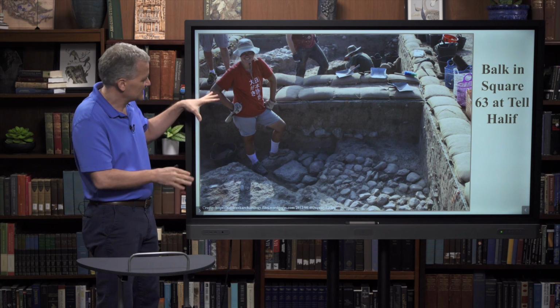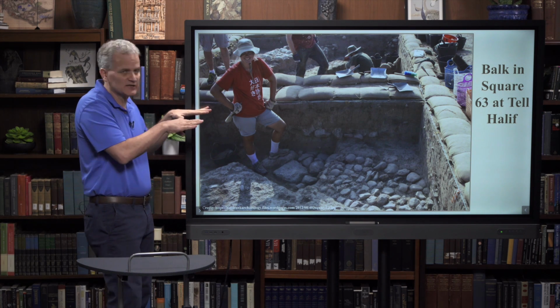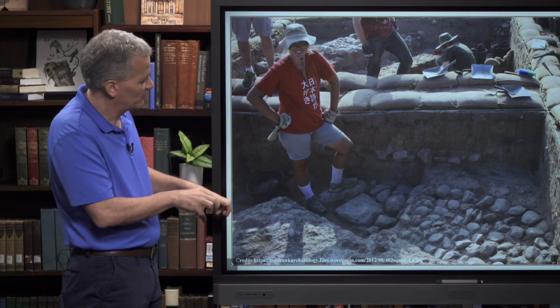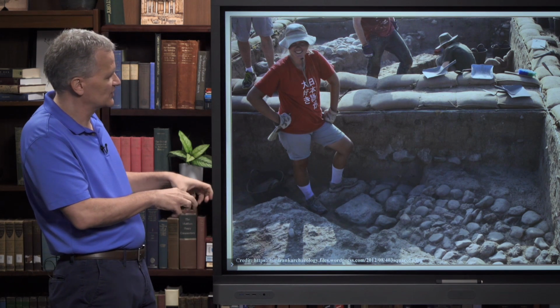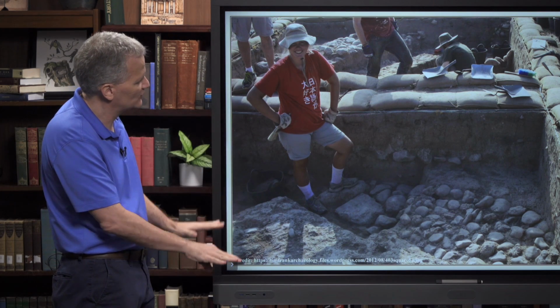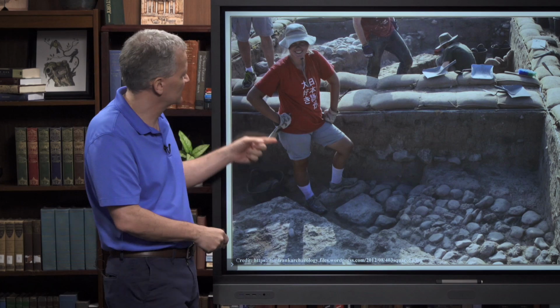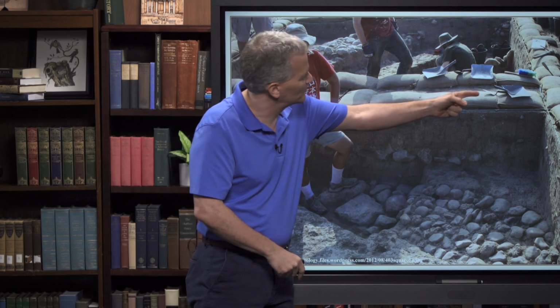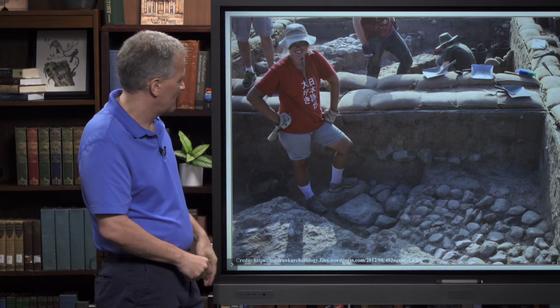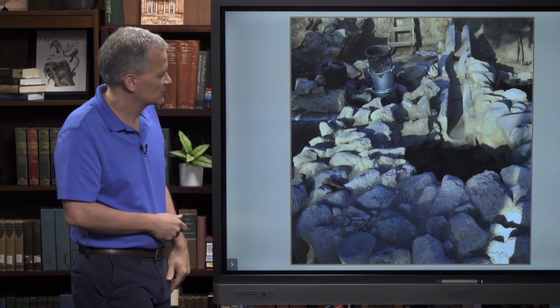And so they're digging down, and the goal in archaeology is to dig down in a level way so that you can evenly see what's taking place and not be excavating certain important features that become of interest to you, taking them out of their context. So to give a good context, you need to go down in a level way. So as you dig down, you put sandbags up on top of the baulk to protect it, and then you keep digging down according to the area of excavation.